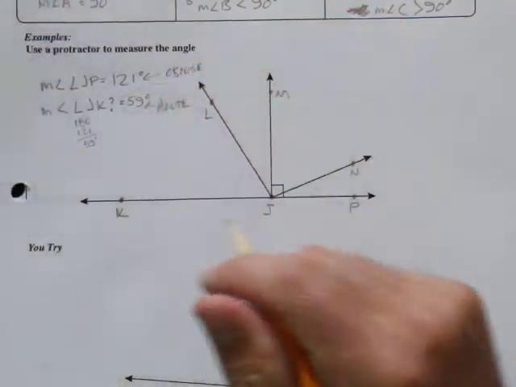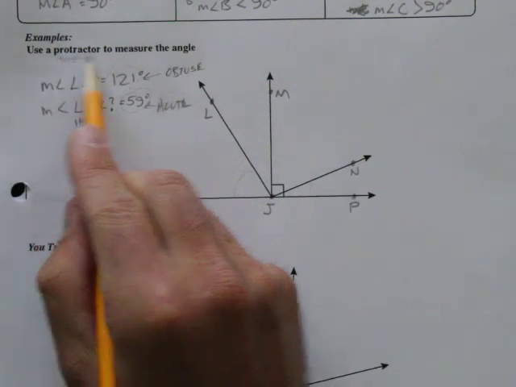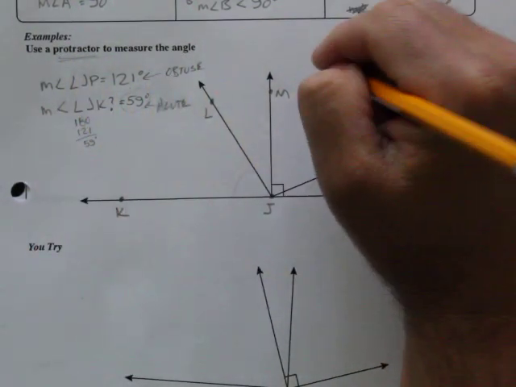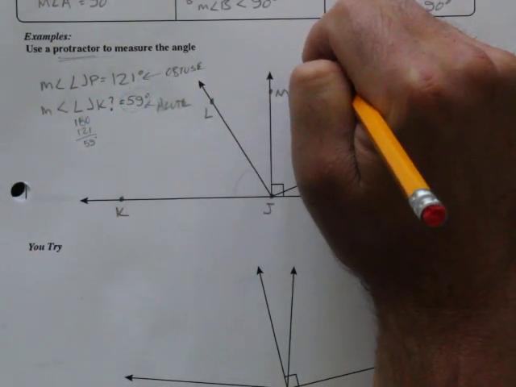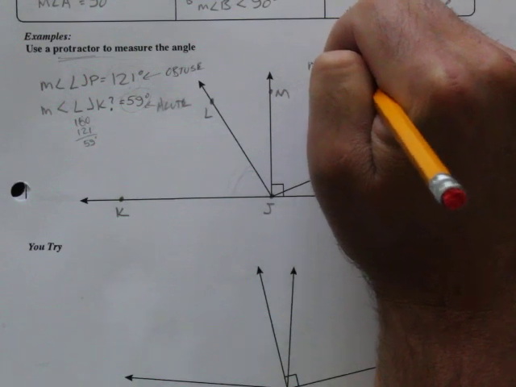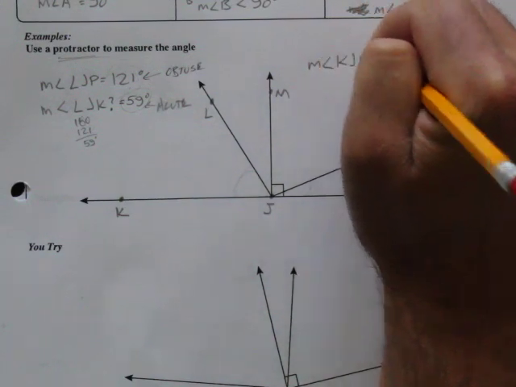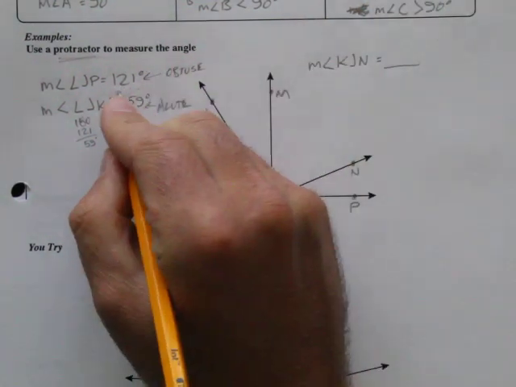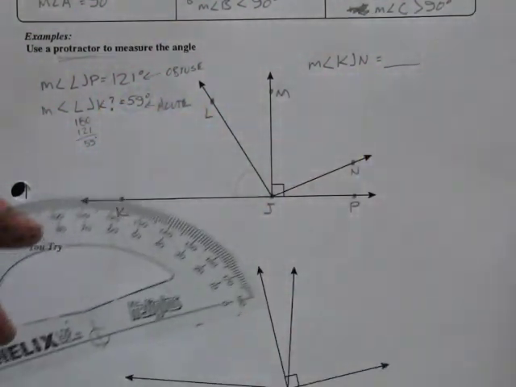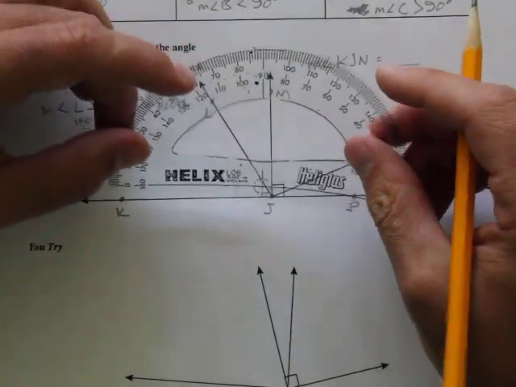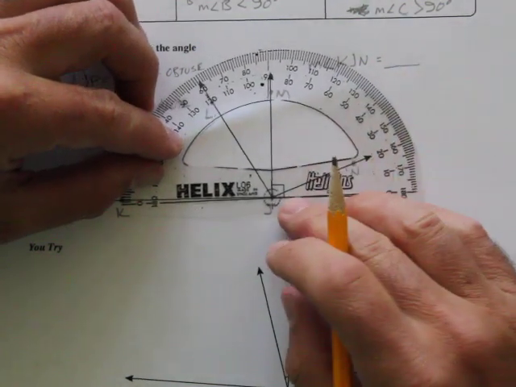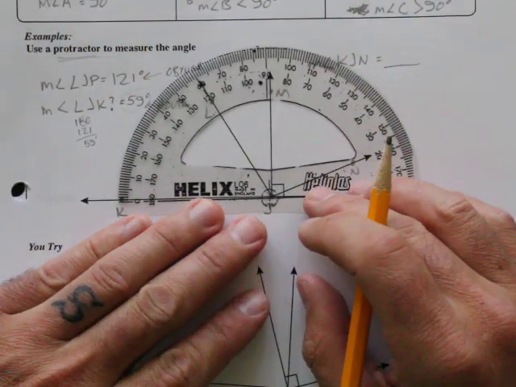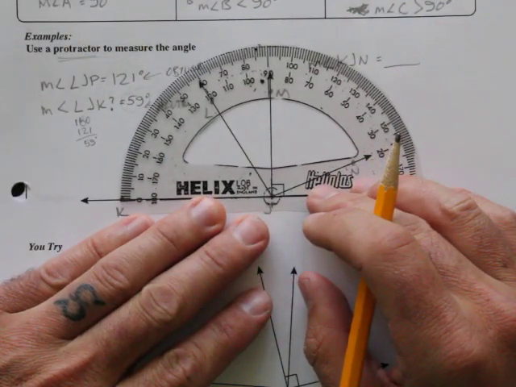Okay, now we're going to use a protractor to measure a different angle. We're going to measure the angle, measure of angle KJN. So I'm going to take my protractor here, put it on here, and I'm looking for KJN.